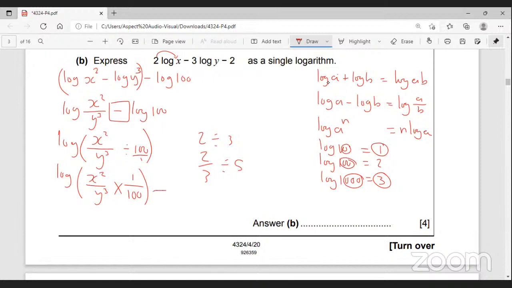And therefore, this now implies that log of that is just going to be x squared over 100 y to the power of 3. Okay, you take that one to your solution space. That is actually log x squared over 100 y to 3. Okay, look at that. 4 marks. All you need to know is the laws of logs.